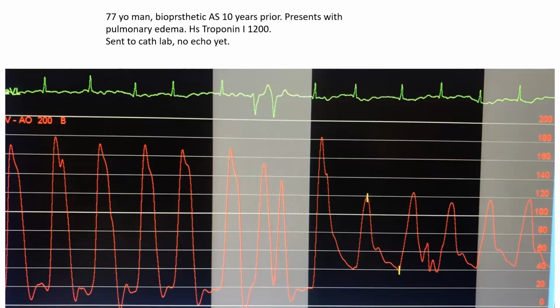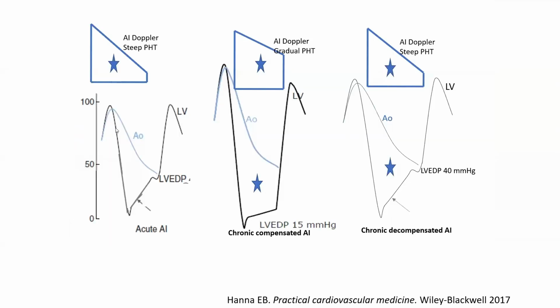Now, another feature I will add here. What definitely established AI in this case is this: the aortic diastolic pressure meeting or nearly meeting the LV end-diastolic pressure. That's the answer I was looking for. That's what we call the triangle of death.